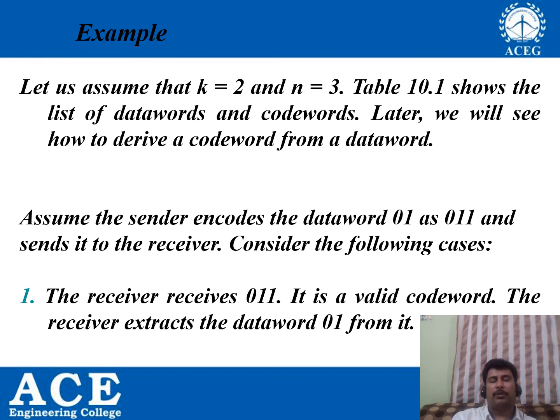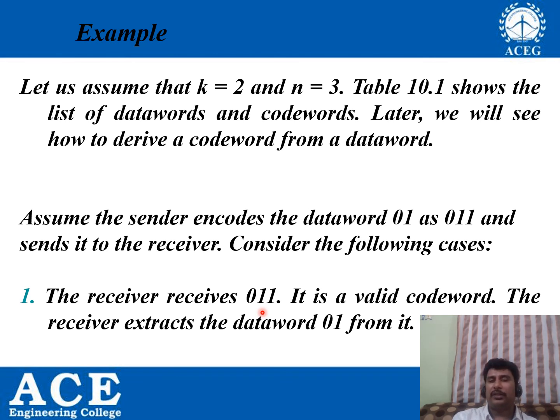First, let's take a case. Suppose the data transmitted by the sender is 0 1, and since we need an even parity, it will be transmitted as 0 1 1, so that the total number of ones in the code word is even. Now 0 1 1 is transmitted by the transmitter, and the same 0 1 1 is received by the receiver.